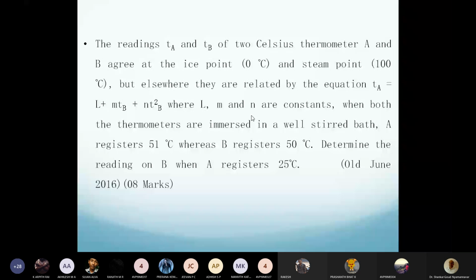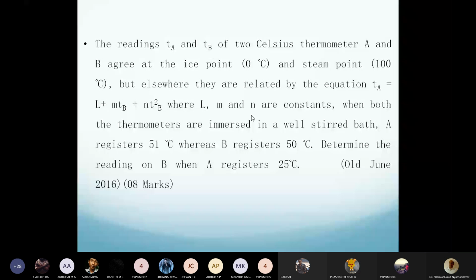So TA will be equal to m, and n is minus 1 by 50 squared. So TA is equal to 52 by 50 into TB minus 1 by 50 squared into TB squared. Okay, you got the equation.